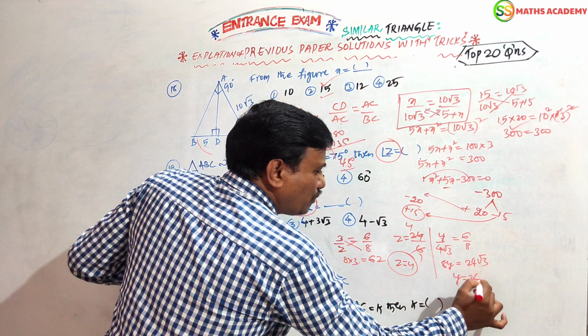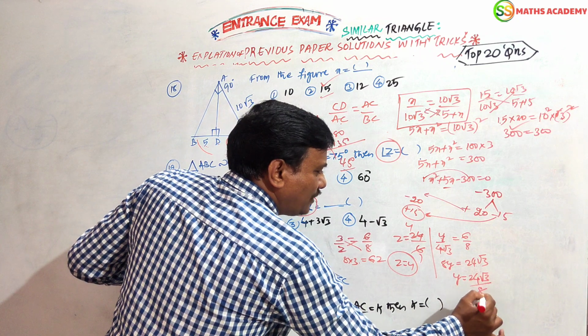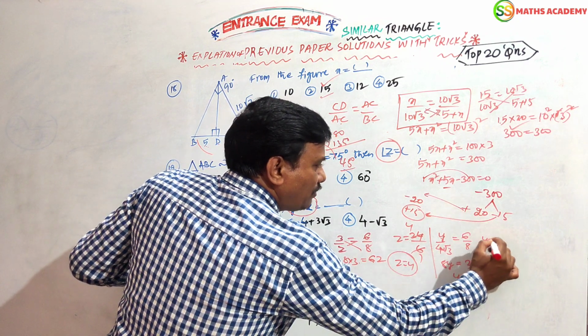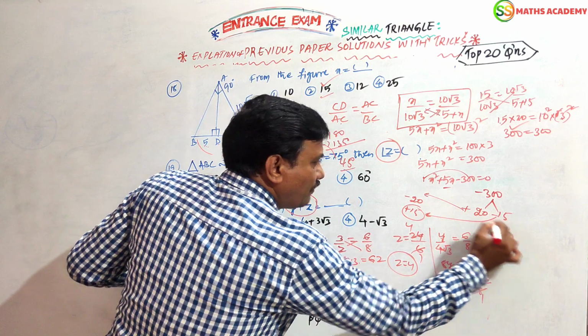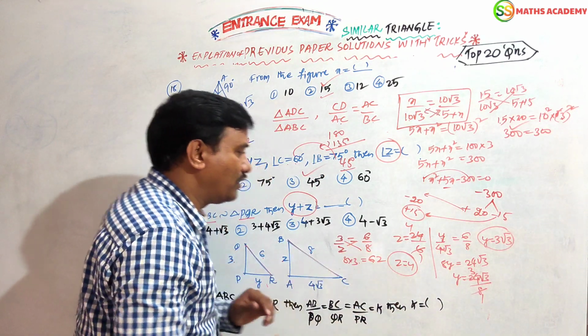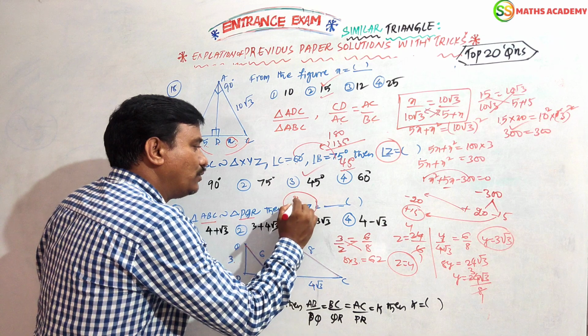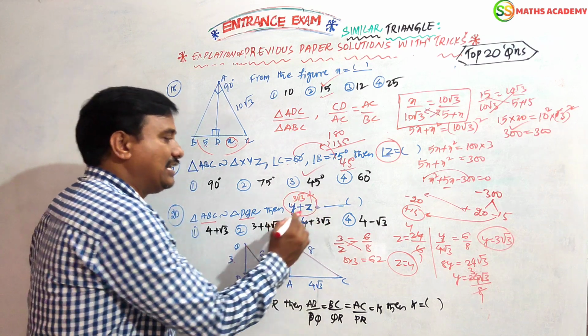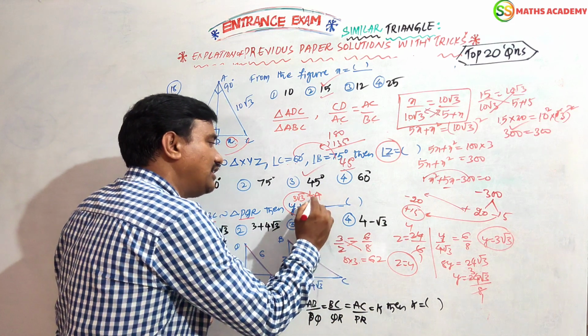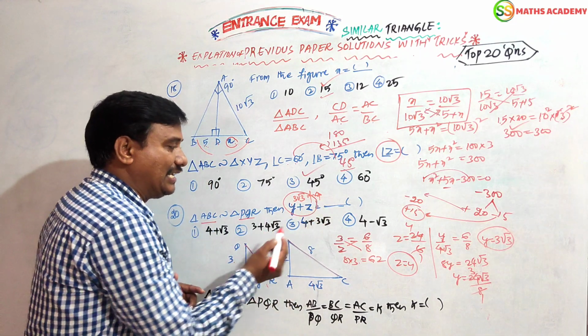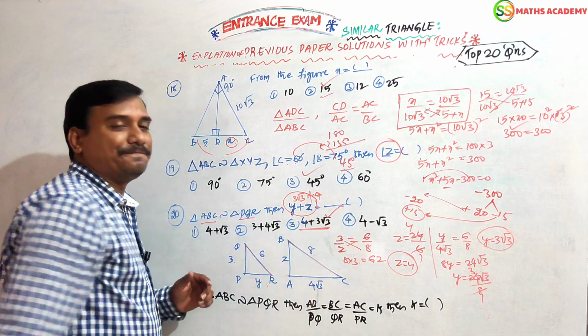So y equals 24 root 3 by 8. 8 threes are 24. So the y value is 3 root 3. We are getting y equals 3 root 3, z equals 4. So substitute the y value 3 root 3 plus the z value 4. So our answer is 4 plus 3 root 3.